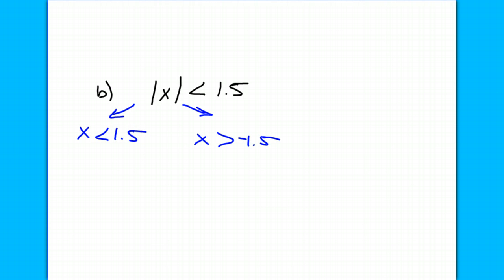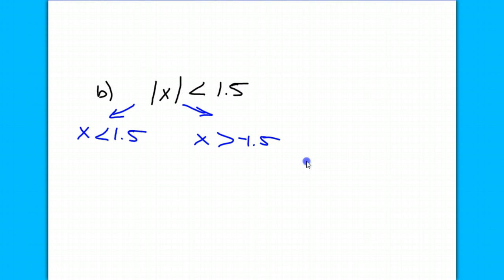Good. Okay, so the first one looks just like the original absolute value, right? We just took away the absolute value symbol. The second one is changing the symbol to the opposite, greater than, and changing the 1.5 to its opposite. So two changes are made there, right?